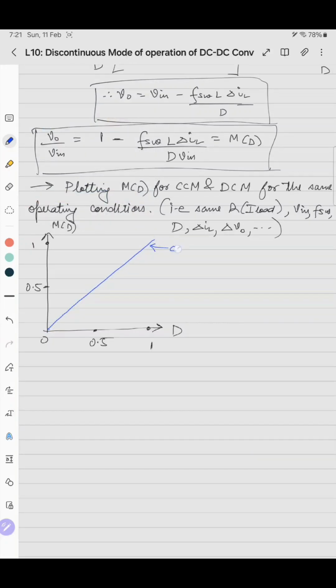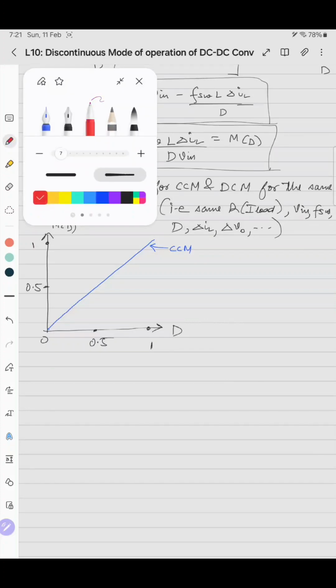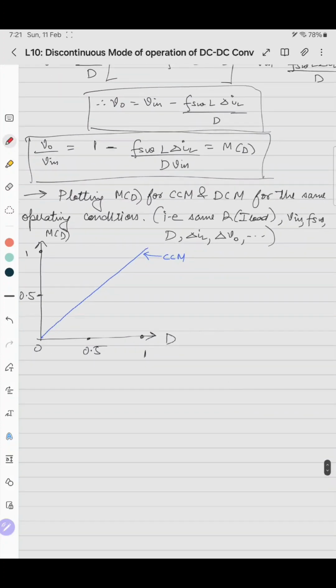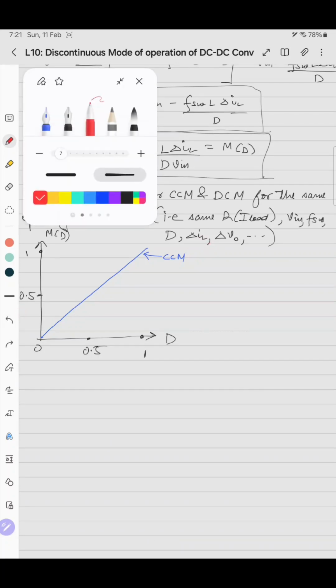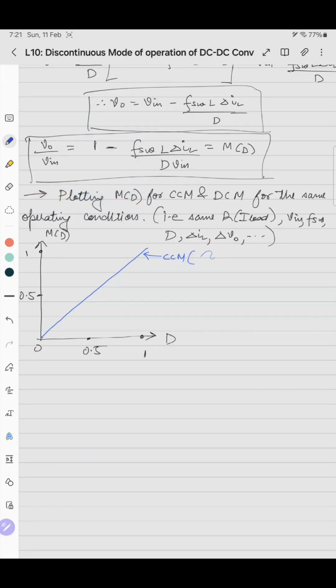This is for CCM. Now I'll draw for DCM. For CCM, this waveform is independent of L and F switching.